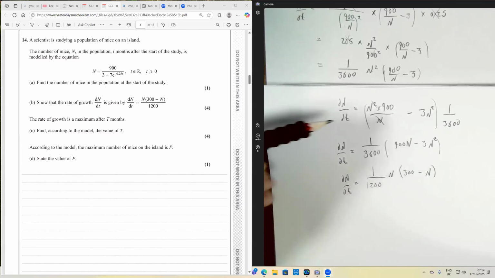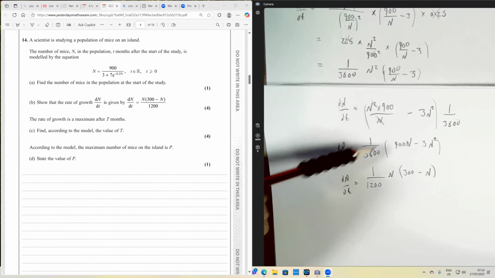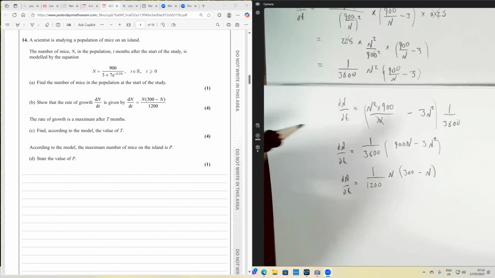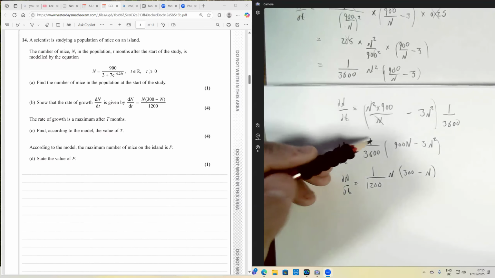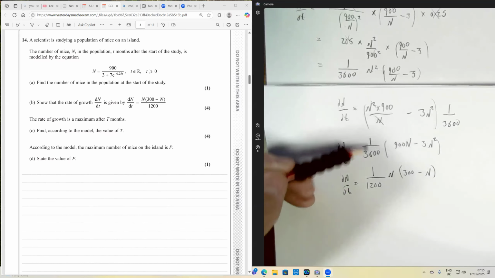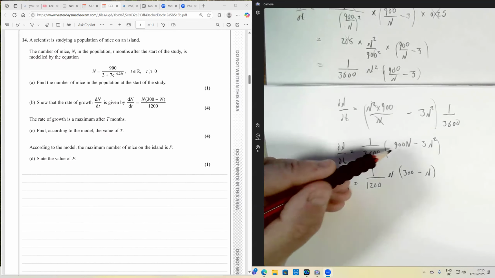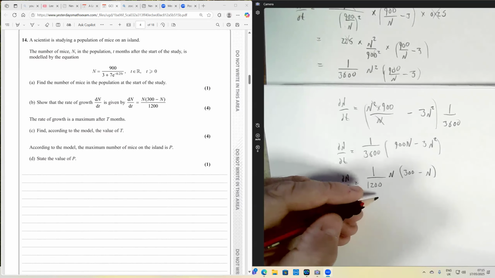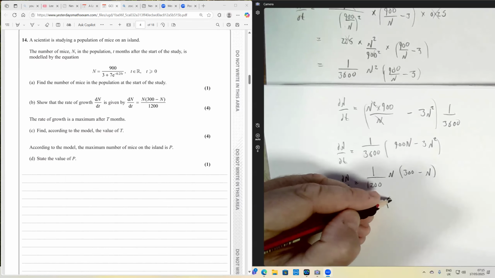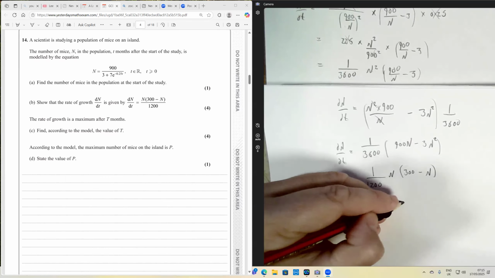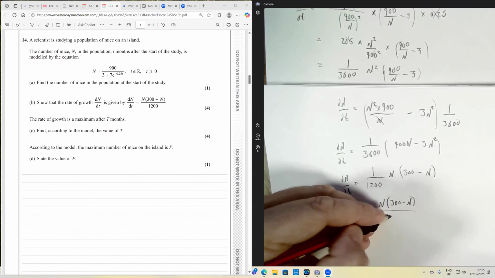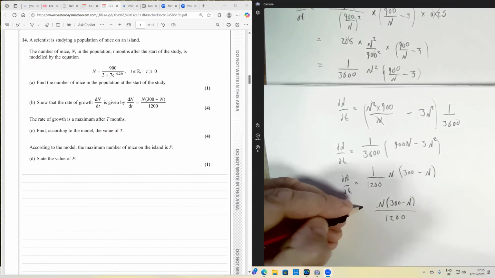So just to repeat, what's happened here is I've divided every term by 3 because 3 is a common factor. And remember, it's perfectly permissible to do that because this whole thing is a fraction. So as long as you divide the numerator and the denominator by the same thing, that is okay. And then I factorized out the n. So we've now got what we were after, which is n, open brackets, 300 minus n over 1,200 is equal to dn by dt.